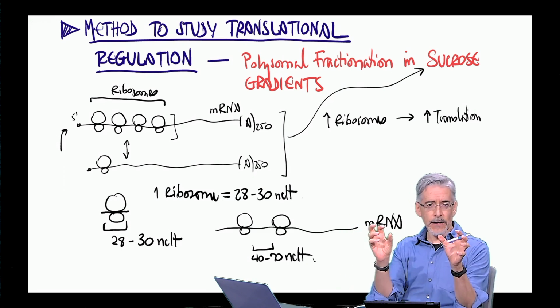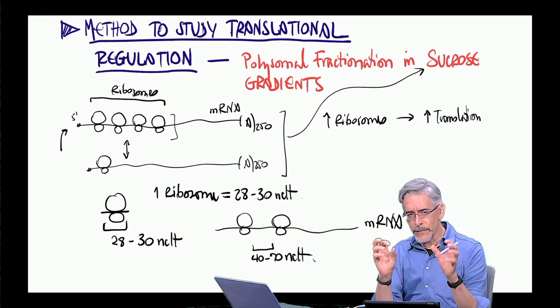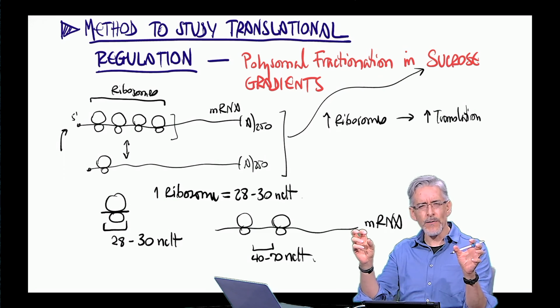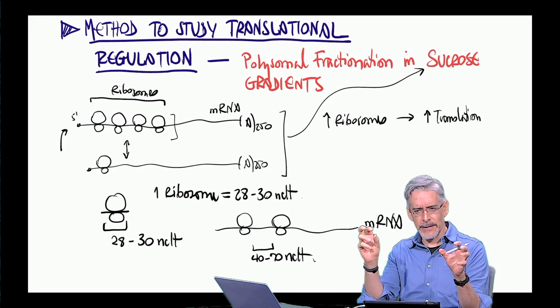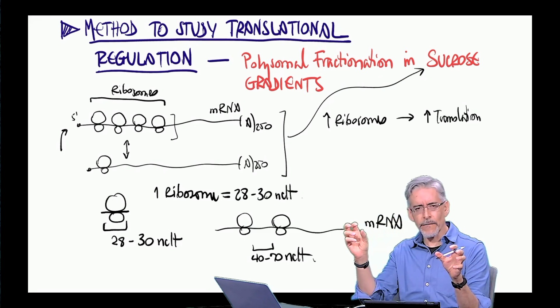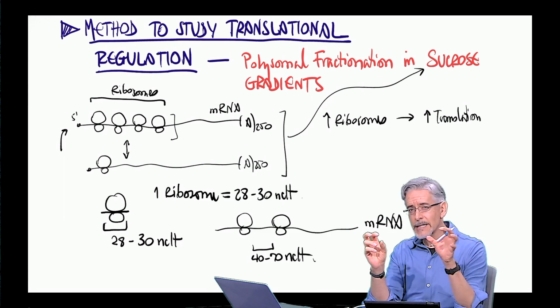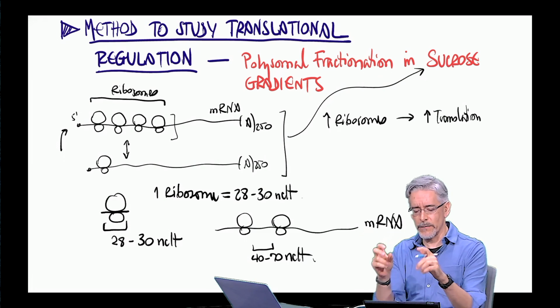But if you're going through a region that is difficult to translate in a given messenger RNA, that may actually lead to a slowdown in the progression of one particular ribosome, so that the ribosome that is coming behind may actually catch up and get a little bit closer to the other one.